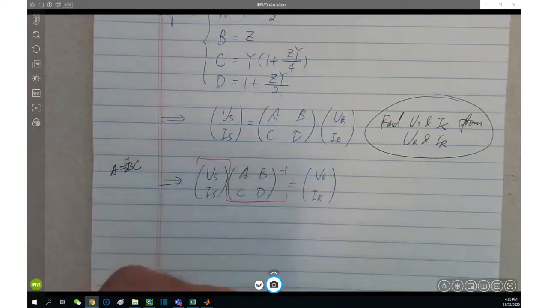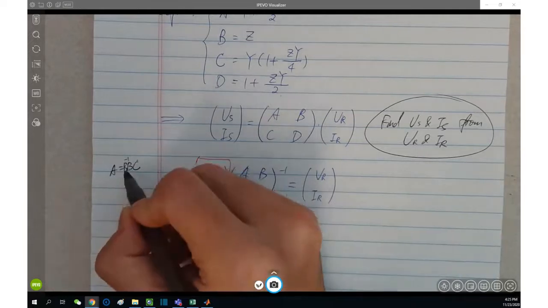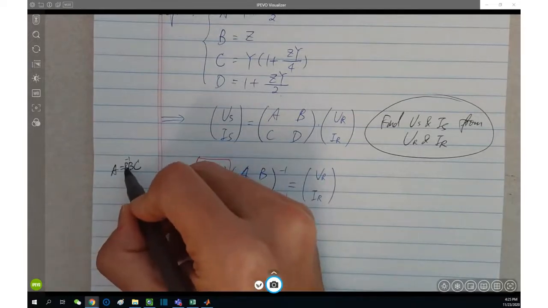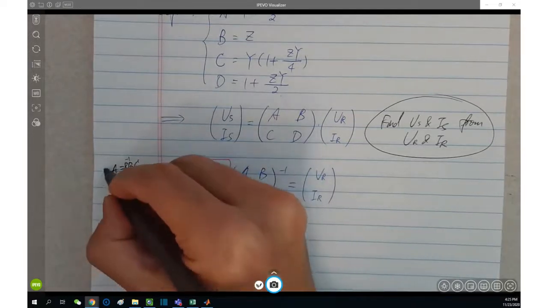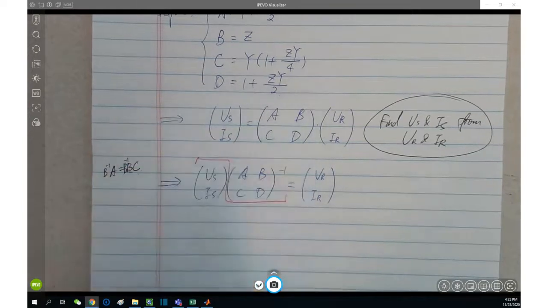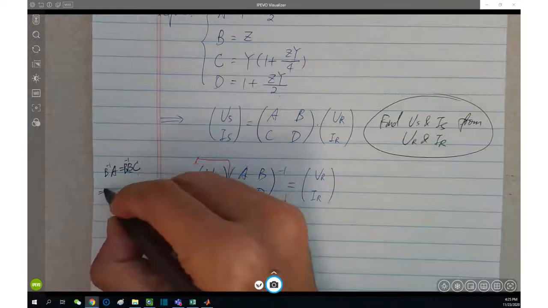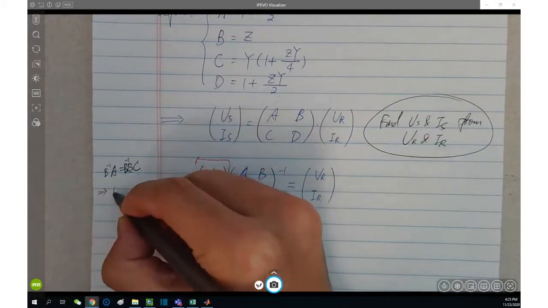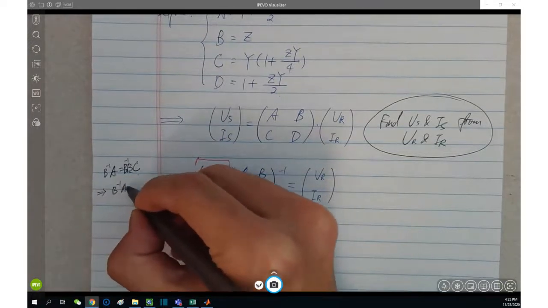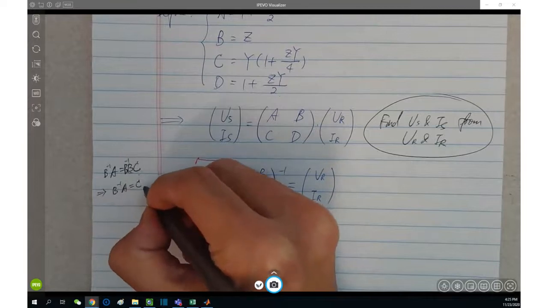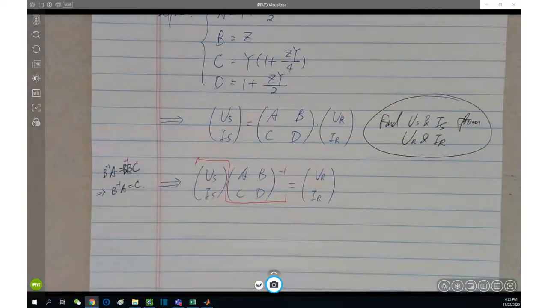You see, you place your B inverse to the left of BC. You need to do so on the other side of the equal sign as well. Therefore, you get B inverse times A equals C. This is how you find C from A equals BC. This is the matrix operation.